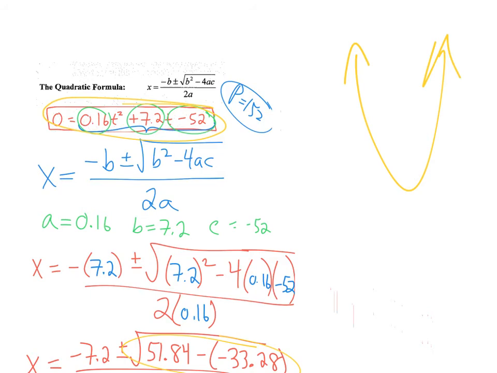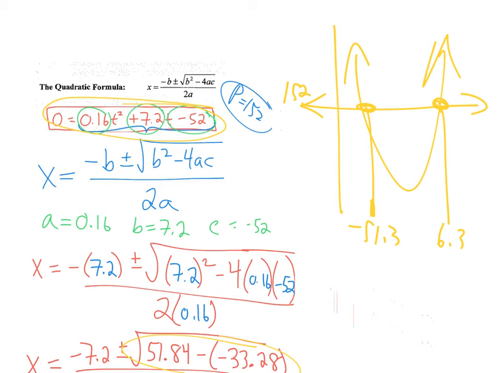And this point is 152 on the y-axis. So at negative 51.3, we're up at 152, and at 6.3, we're up at 152 as well.